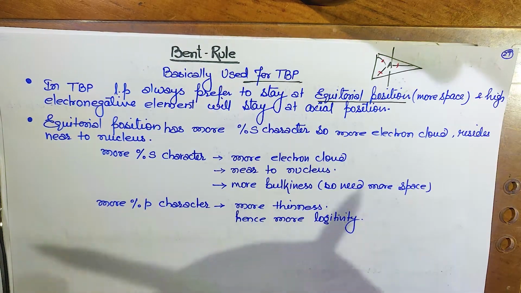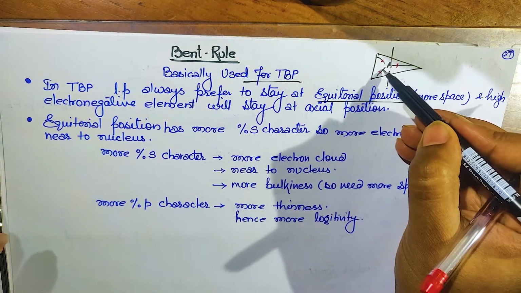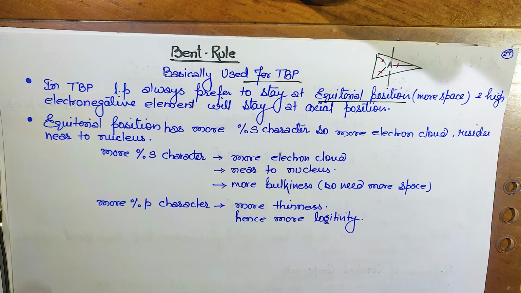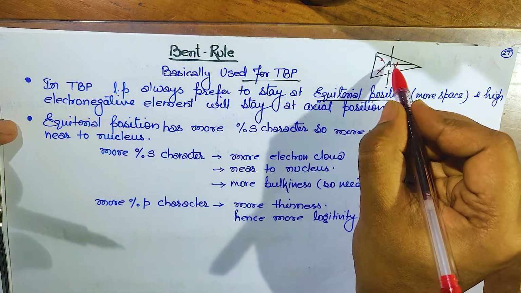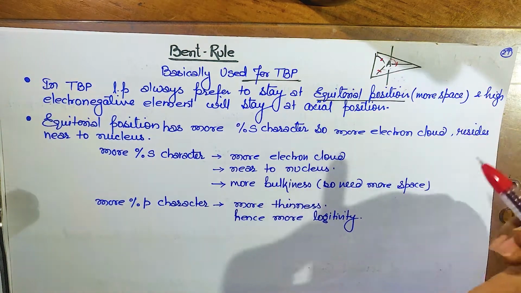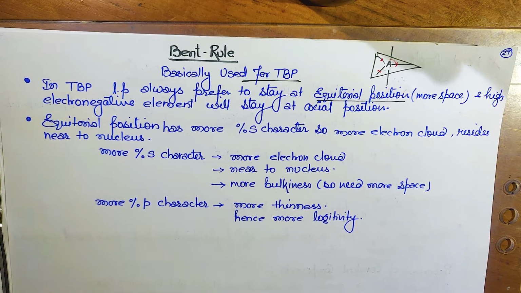What is the reason behind it? Because here it is getting more space. You see, this is the 120-degree angle, so it is going to get more space over here. But if you keep it in this way, it is a 90-degree angle. So that's why the lone pair prefers to stay at the equatorial position, and the highly electronegative element will stay at the axial position.